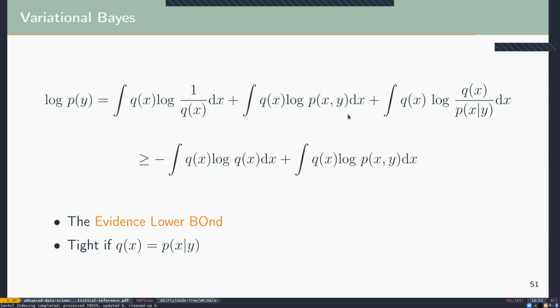Because Q is the thing that I wanted to learn, if I now do an optimization and make these two terms as large as possible, I'm necessarily making that term smaller. And because I'm making that smaller, I'm pushing Q towards the distribution that I wanted.